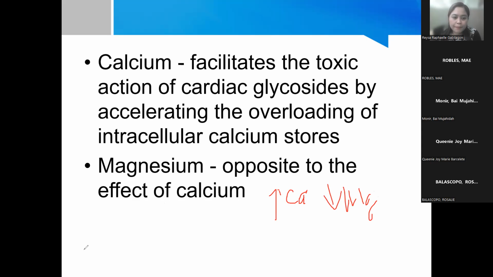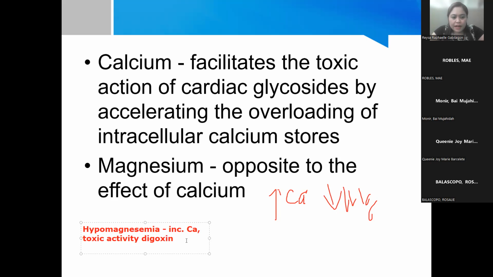Therefore, if the patient experiences hypomagnesemia, ano mangyayari? Hypomagnesemia. Okay. That means the patient has increased calcium in the body and that will lead to toxic activity of the digoxin.